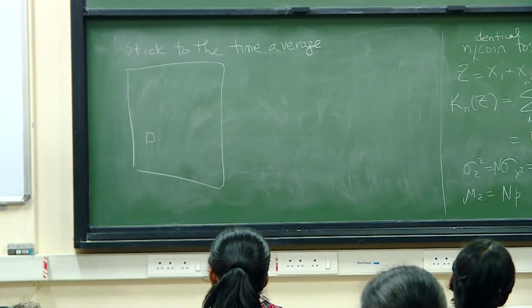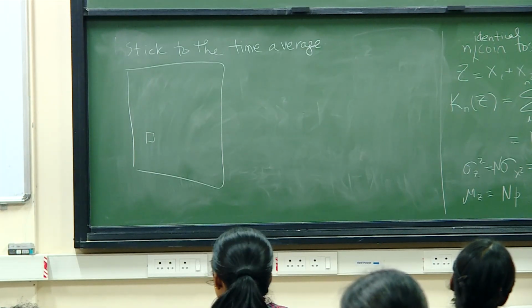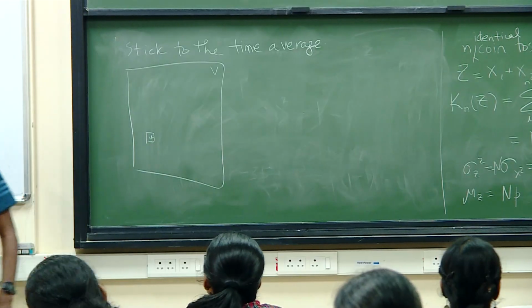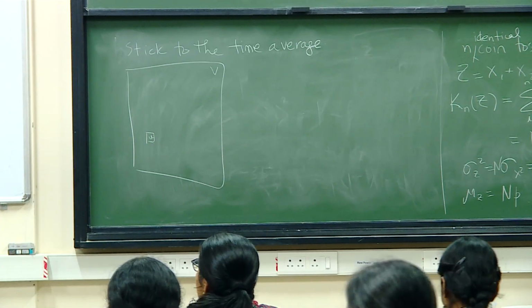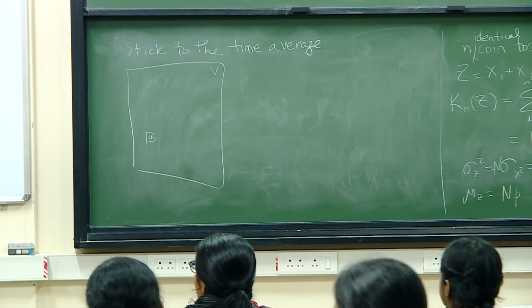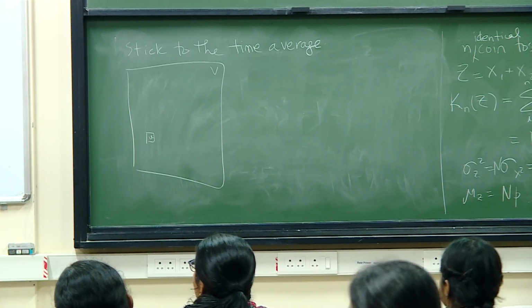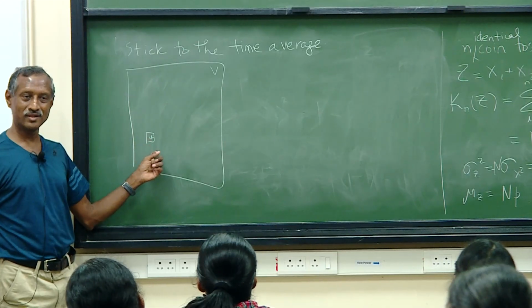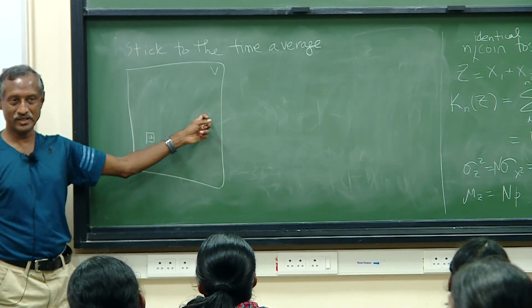I'll just draw a square now. Okay, so this is capital V, this is little v, and we think of each of the atoms, a large number of atoms N, as simulating a coin toss for us. If you pick one particle, it's either in v or not in v.